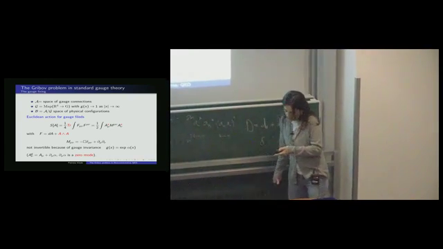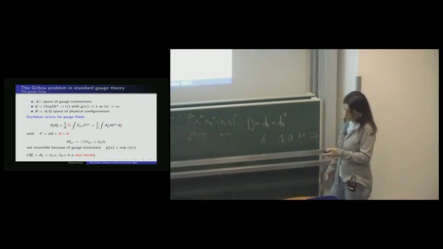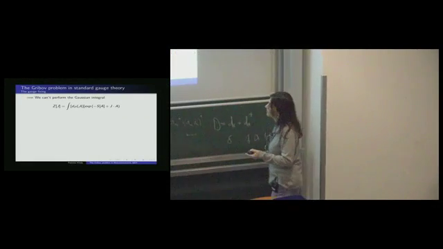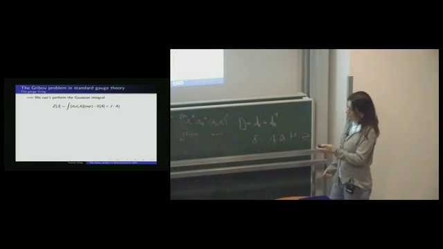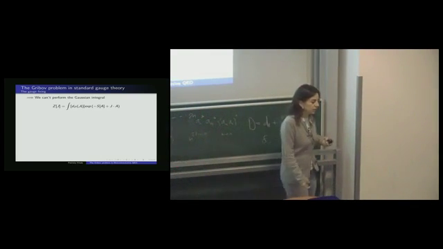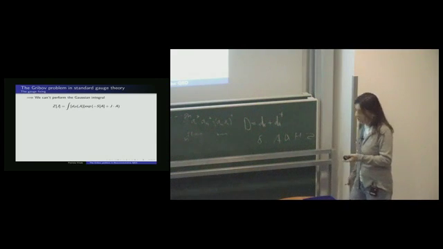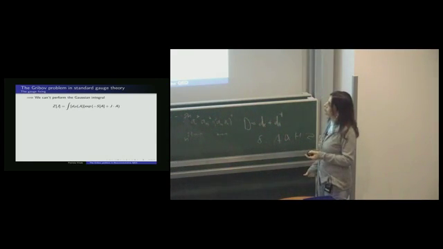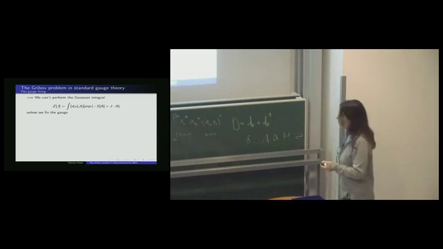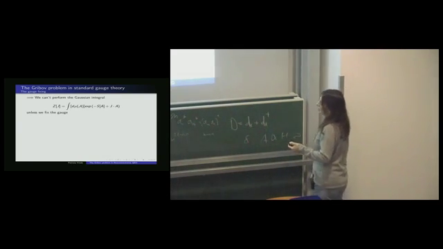So being not invertible, I can't do what is usually done for scalar field theory, where I perform the Gaussian integral here. And in order to perform it, I would need the inverse of this M, which I actually don't have. So how do we proceed? We have to fix the gauge.